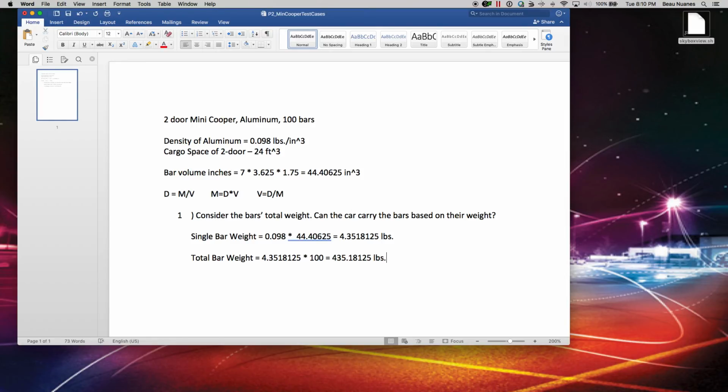So then the question was, can the car carry the bars based on their weight? It can. So what we're basically saying is 435.18125 is less than 1,800 pounds. Remember, the car can carry 1,800 pounds. It can, so the answer to this question is yes.